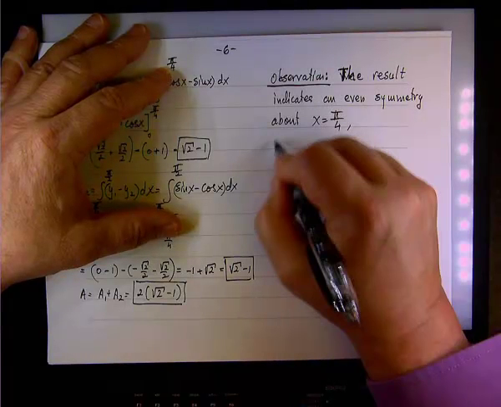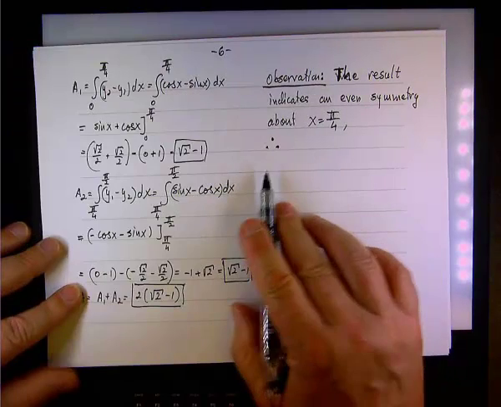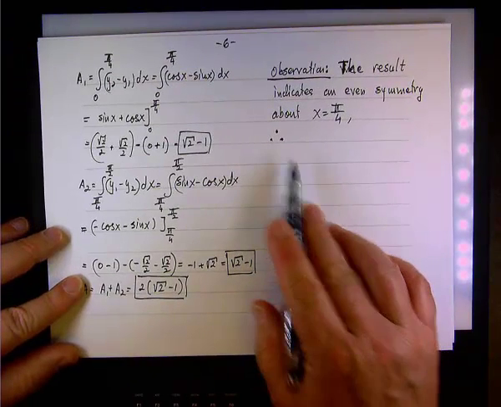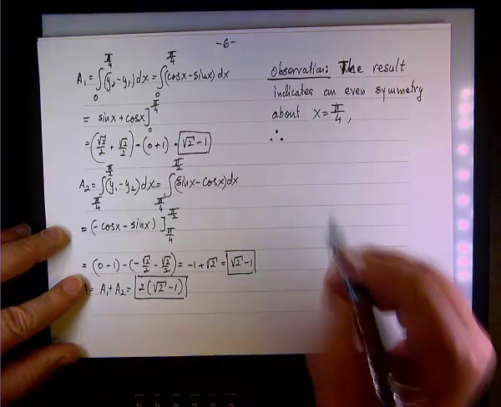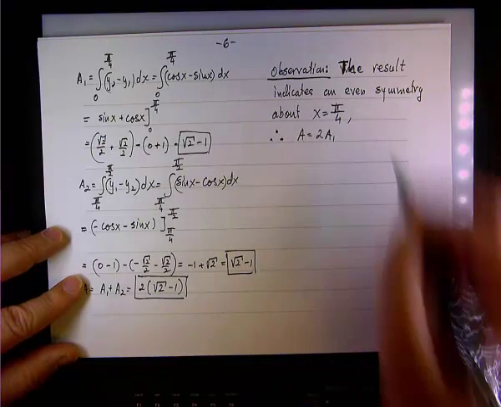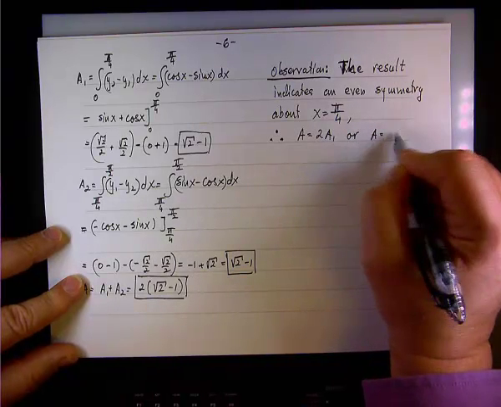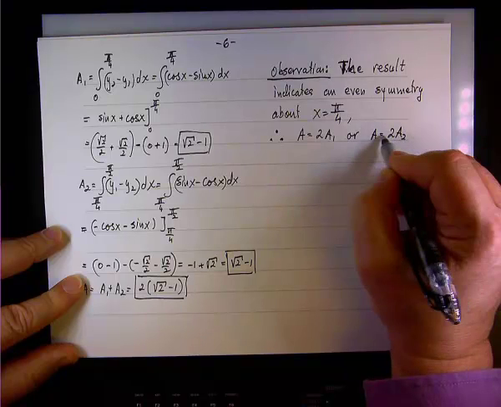So we can write, this is therefore this triangle. I don't know if you saw it last semester. Therefore, the area is twice, okay?